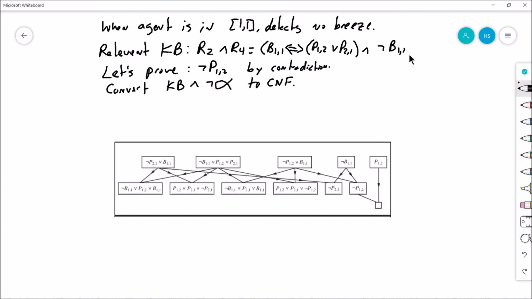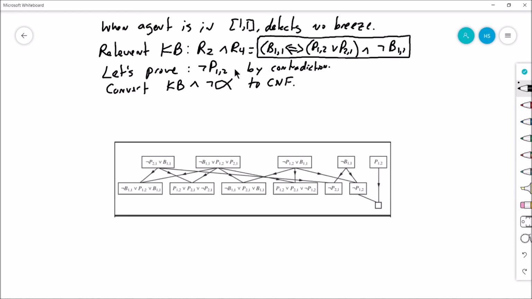The second sentence was, well, there's no breeze in 1, 1. So that's the R4 part. So combine them together and you get a relevant knowledge base consisting of this conjunction, right? So sentence R2 and sentence R4. Now what we want to prove is that there's no pit in square 1, 2. That's what we're trying to prove using this inference procedure, using the resolution rule.